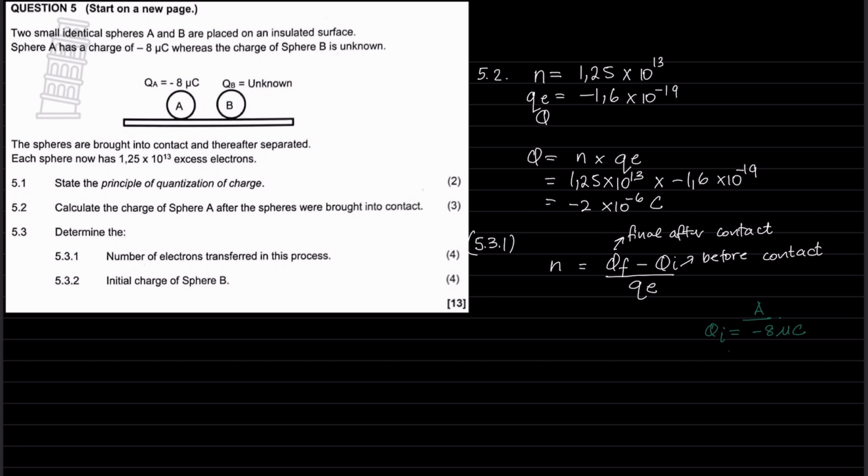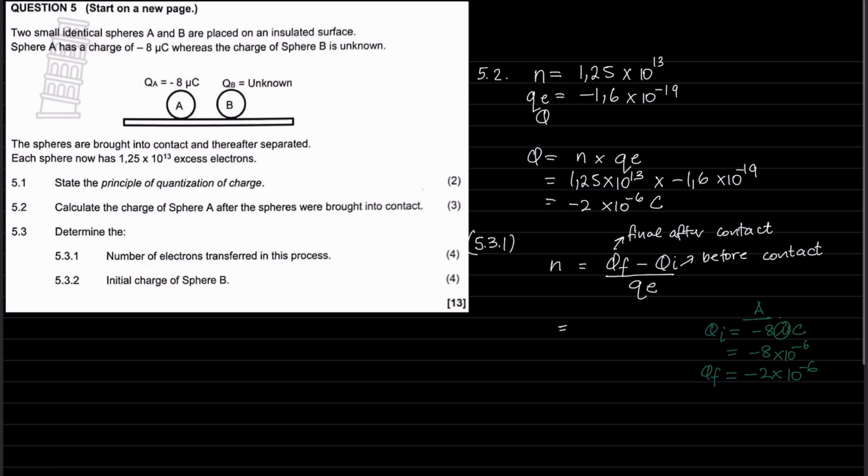We need to convert this. That's -8, and that symbol means times 10 to the -6. We also know the final, we worked it out, -2 times 10 to the -6. We worked it out in the previous question. So we have enough information to work out the number of electrons transferred.